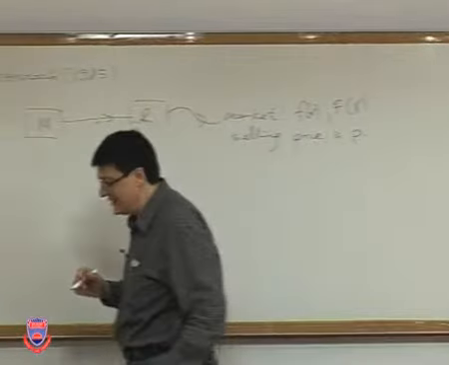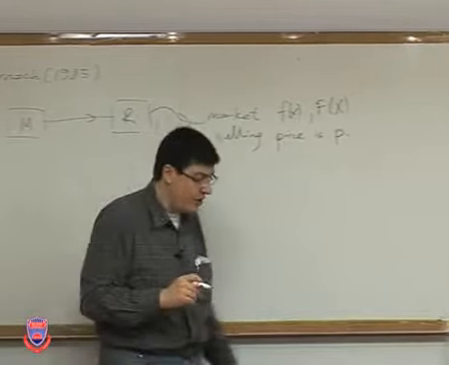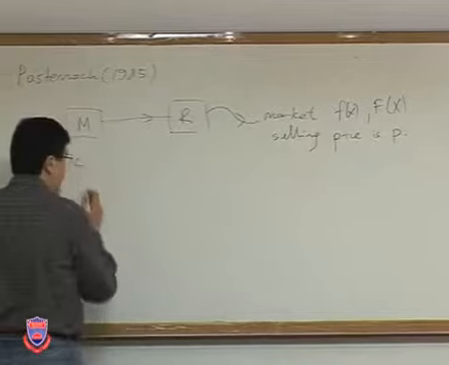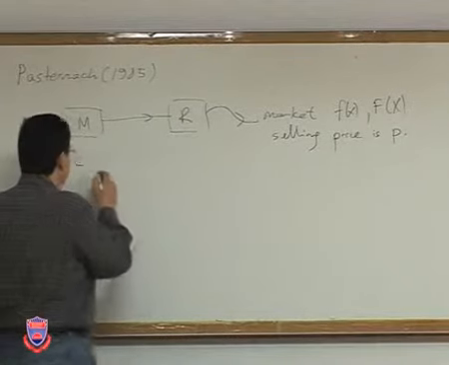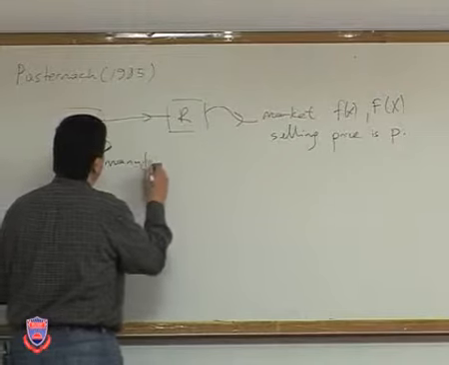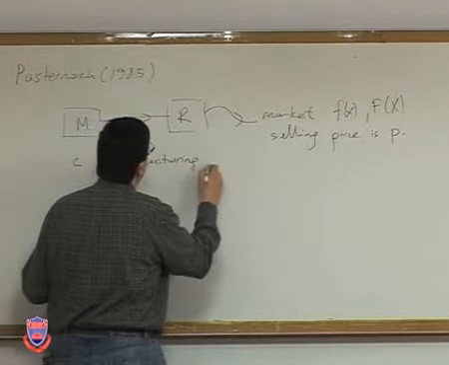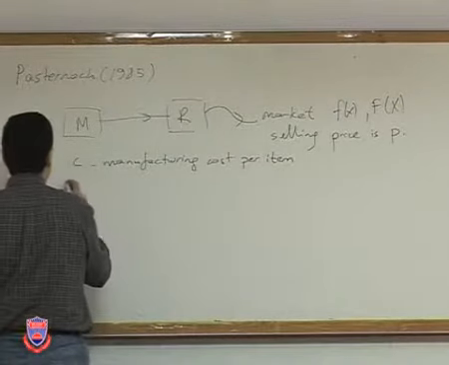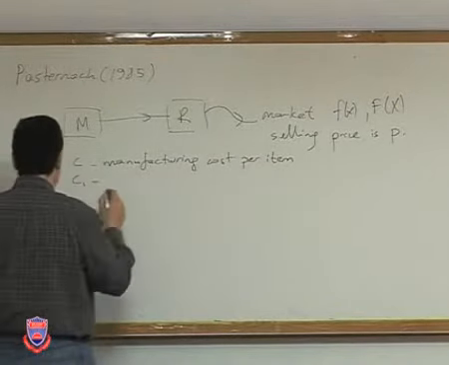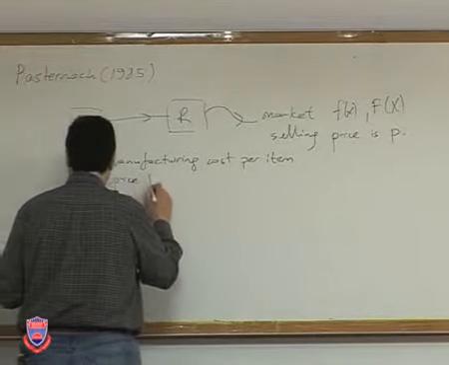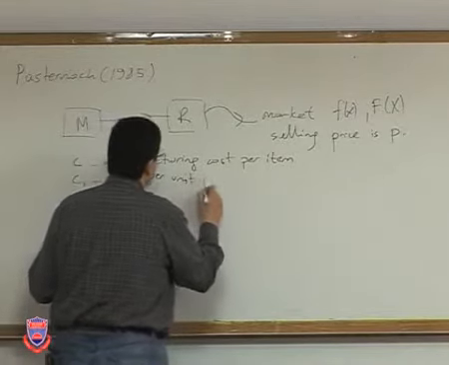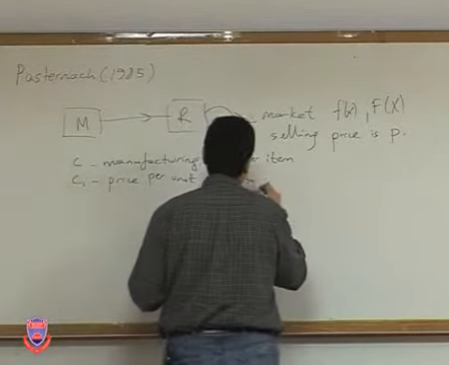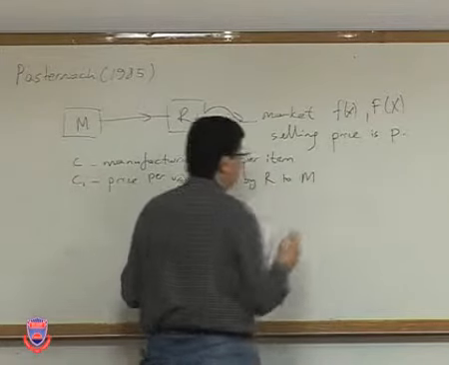Now, what are the variables of concern in the problem? Well, this is like a notation table. C is the manufacturing cost per item. And we have C sub 1, which is the price per unit paid by R to M, by the retailer to the manufacturer.